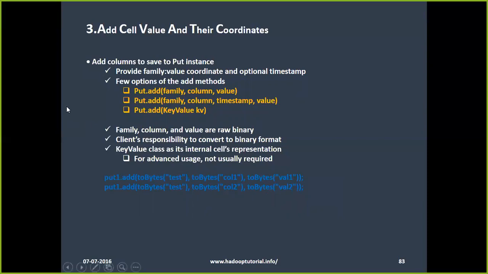I need to use this kind of syntax, which is the most frequently used: put1.add(Bytes.toBytes("test"), Bytes.toBytes("column1"), Bytes.toBytes("value1")). The first parameter is always the column family, the second parameter is the column name, and the third parameter is the value.